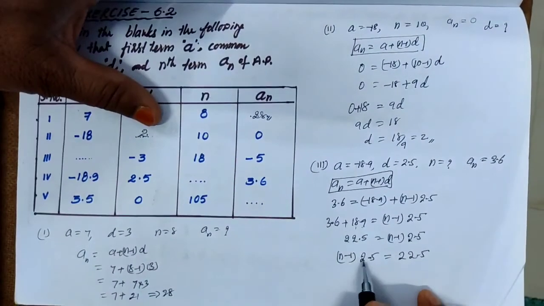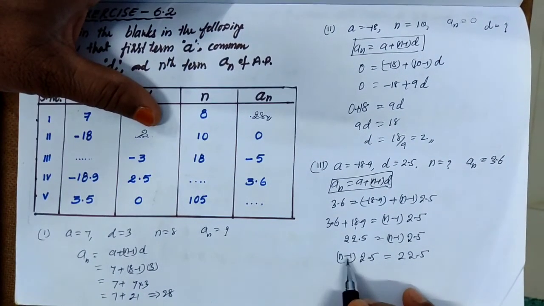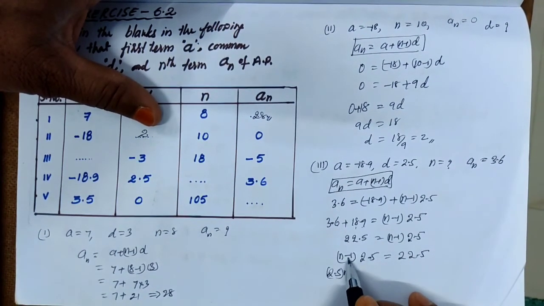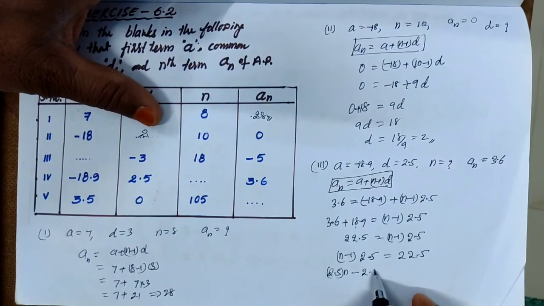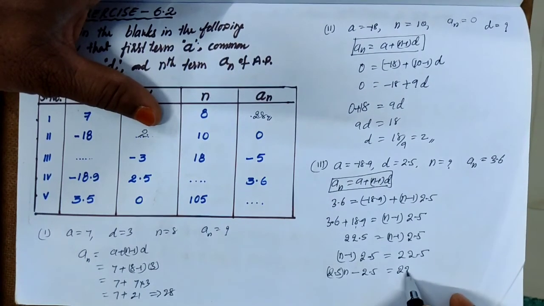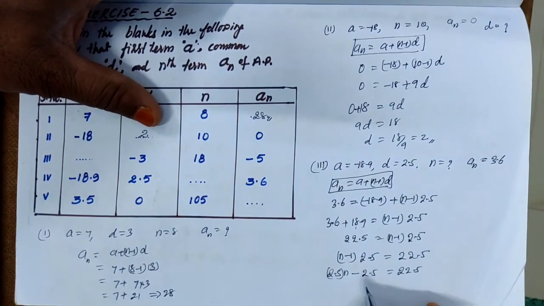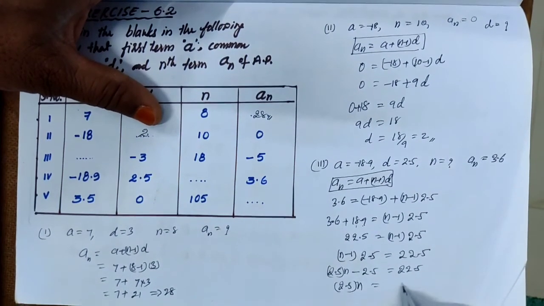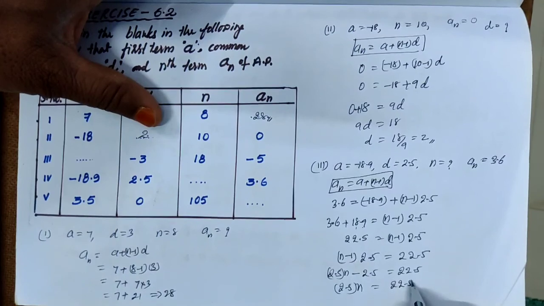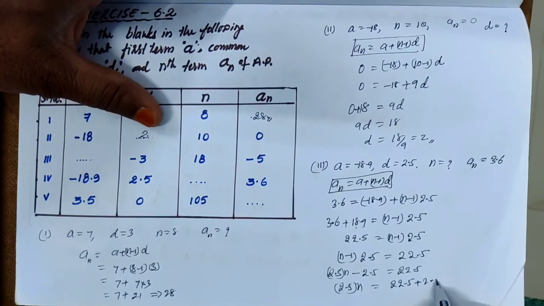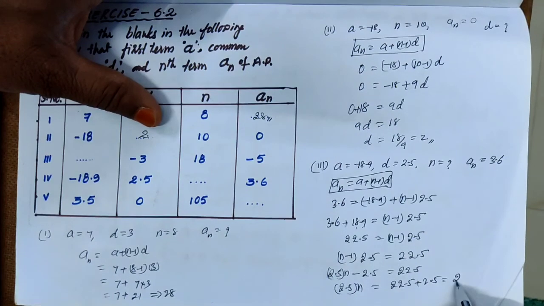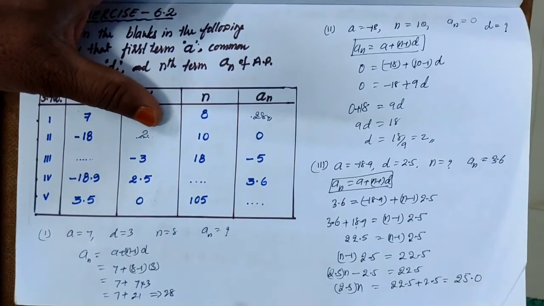Now multiply this. So n into this one, 2.5 into n, and minus 1 into this one, minus 2.5, is equal to 22.5. Transpose this 2.5 to that side. So 2.5 into n is equal to 22.5 plus 2.5, which is 25.0.